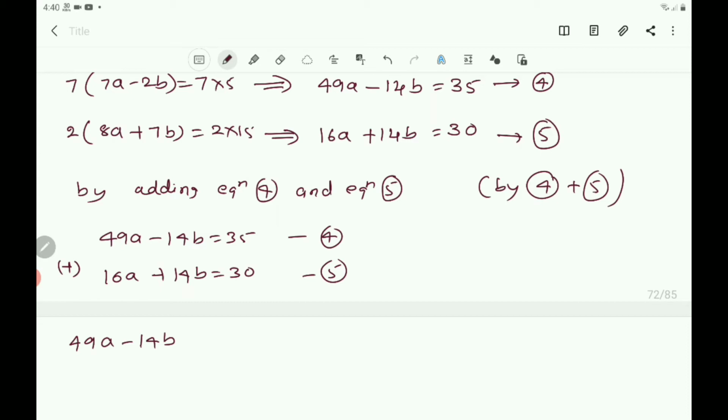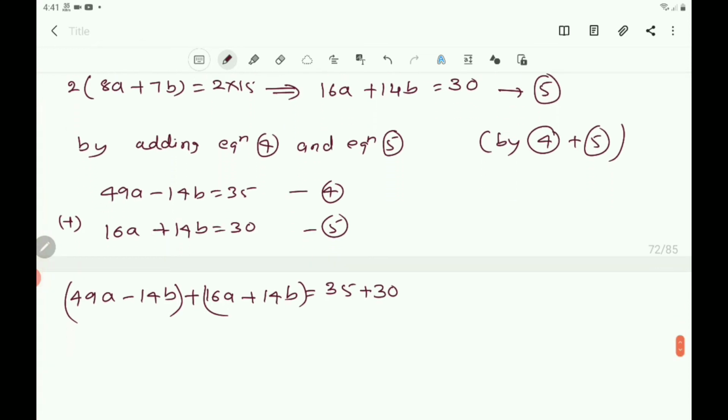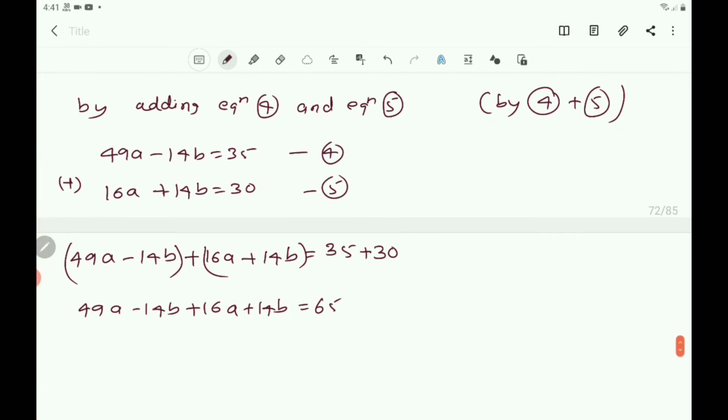So 49a minus 14b plus 16a plus 14b equals 35 plus 30. Now open the bracket: 49a minus 14b plus 16a plus 14b equals 65, since 35 plus 30 is 65. Next, minus 14b and plus 14b cancel here.